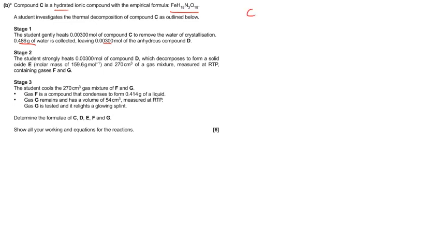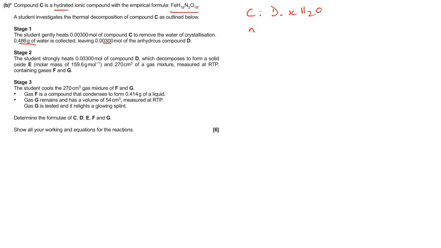Because C, we can say, is D hydrated with X water molecules. So we're going to try and find what X is, and if we know what X is, we can work out what D is because we already know what C is. So that's what we're going to do.